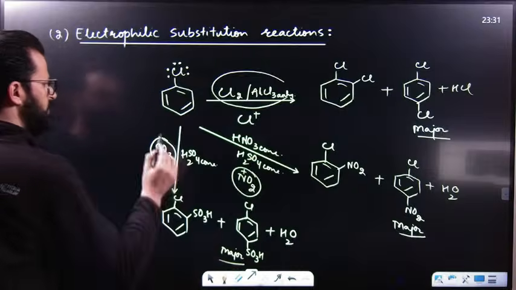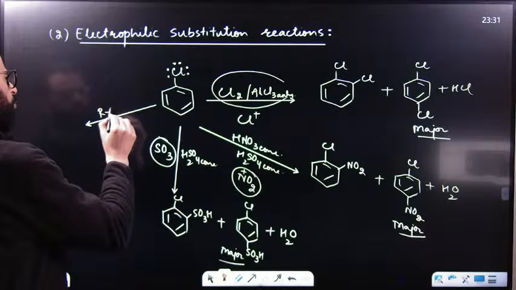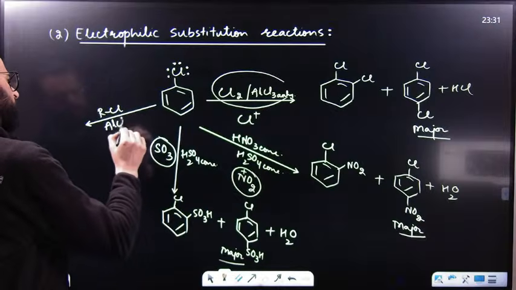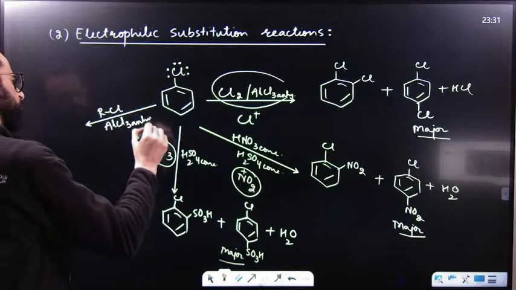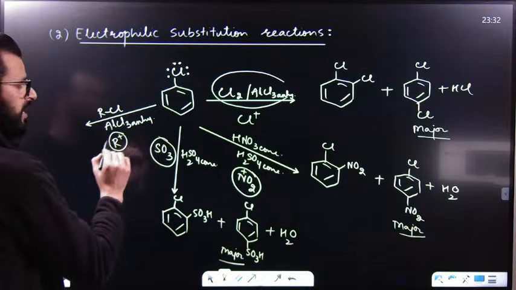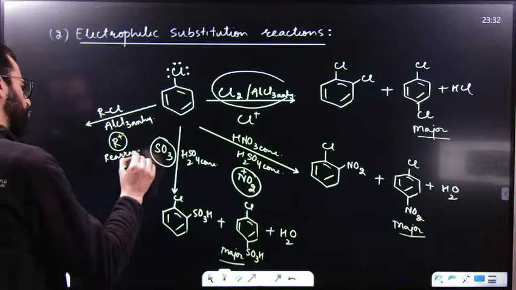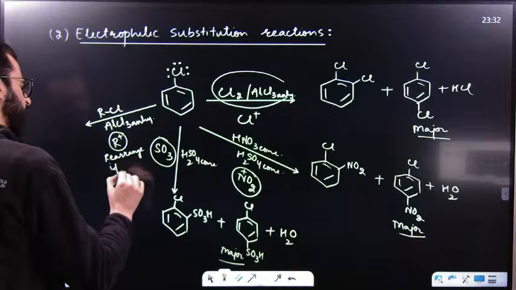After that, if we use alkyl chloride in presence of anhydrous AlCl3, the electrophile of this reaction is R positive. As it is an alkyl carbocation, it rearranges if possible. First you have to check if rearrangement takes place.